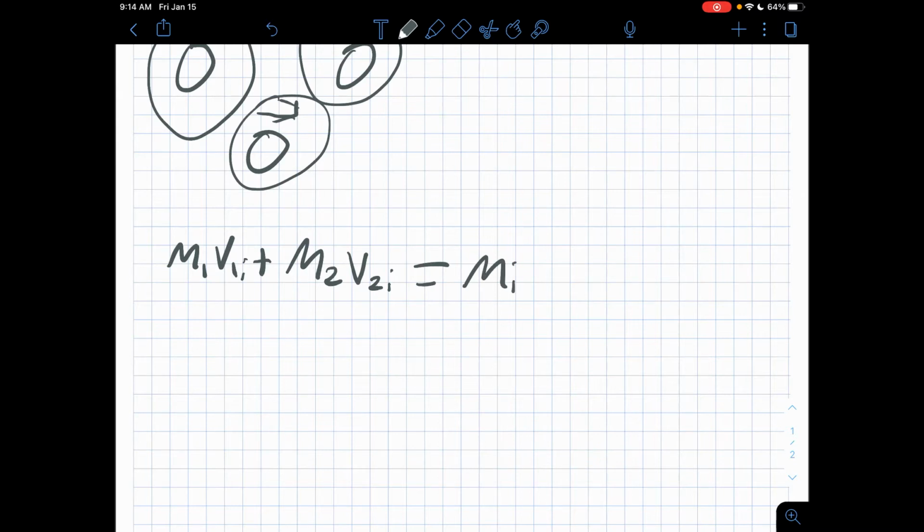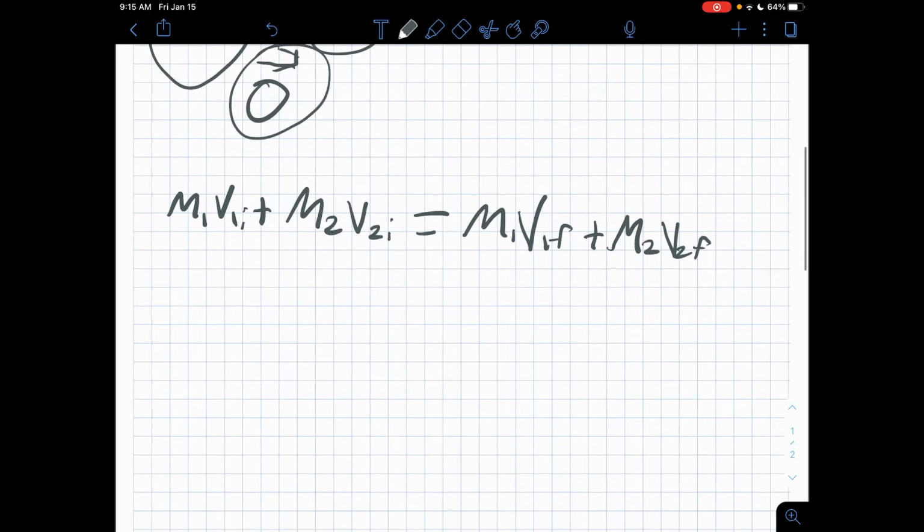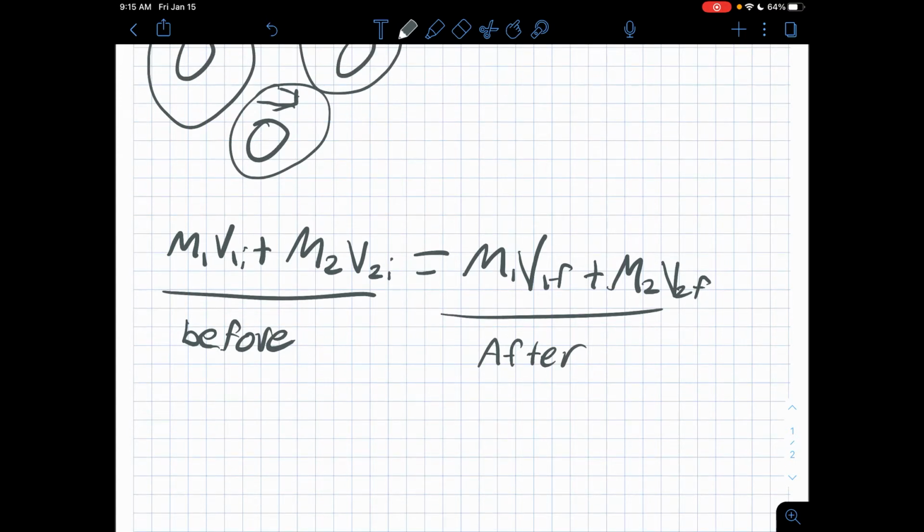And then it is equal to m1 v1 final, the mass and velocity of the first object but its final velocity, added to the mass of the second object and its final velocity, m2 v2 final. So this is before the collision, and this is after the collision.